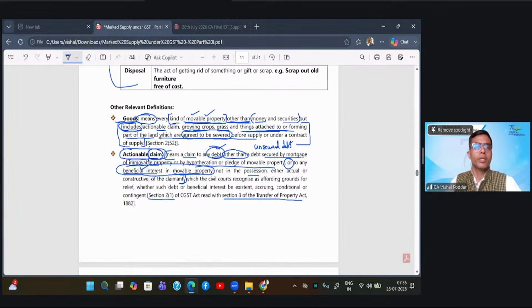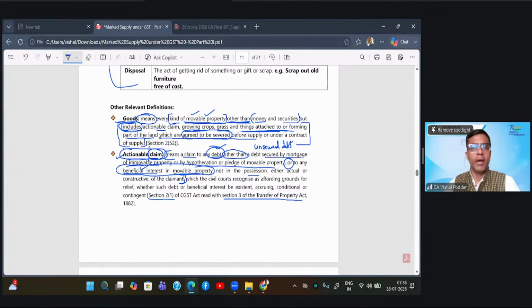Now, the second part of this definition requires the claim to be actionable. What is, students, the simple meaning of actionable? The simple meaning of actionable is that now you are demanding these things, an amount of money or your beneficial interest in some movable property. Now, what if the person does not give you back your money or give you back your movable property?